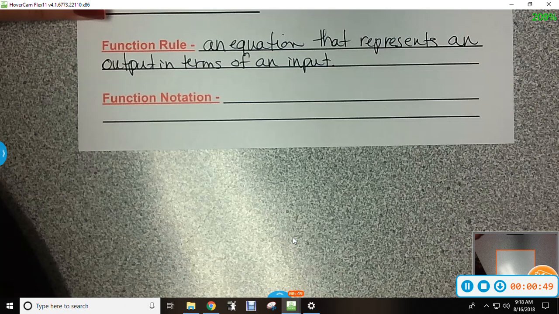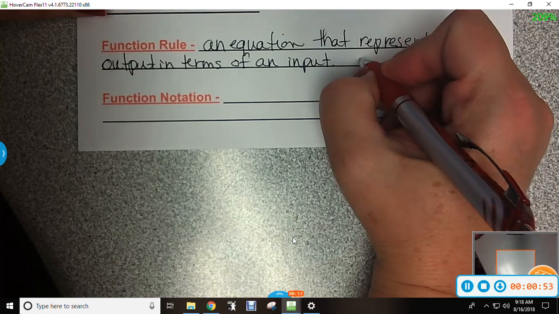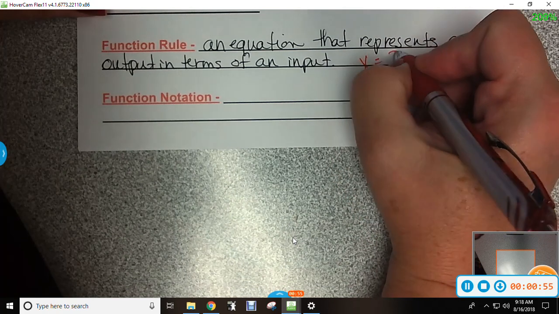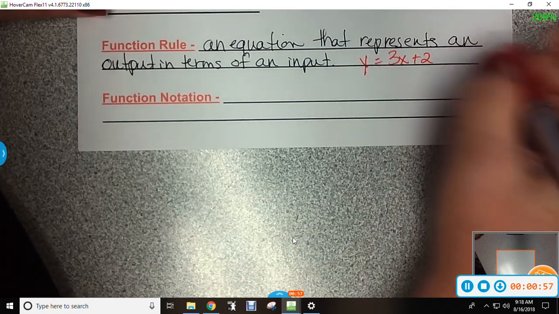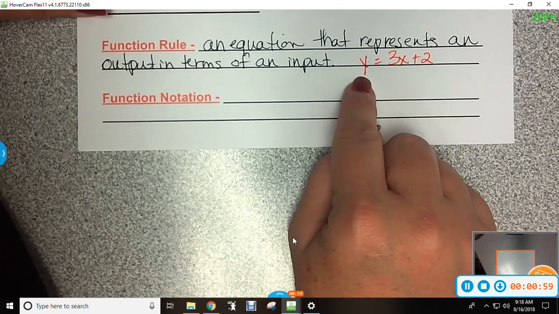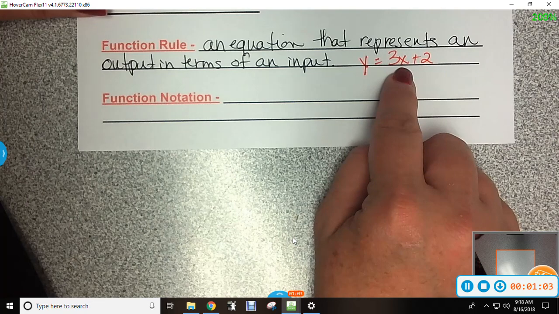Okay, that sounds really complicated, but here's all it's saying. Here's an example. I've got y equals 3x plus 2. Okay, this is my output. It is written in terms of an input.